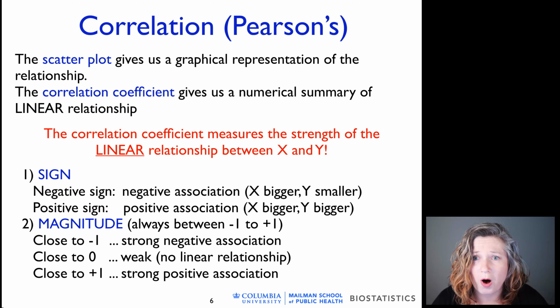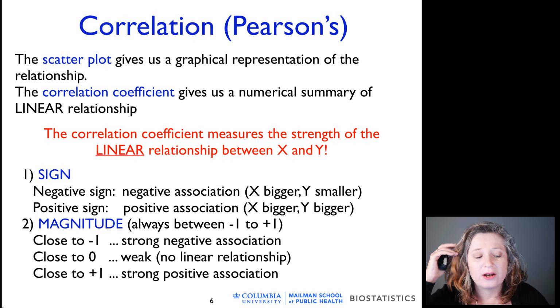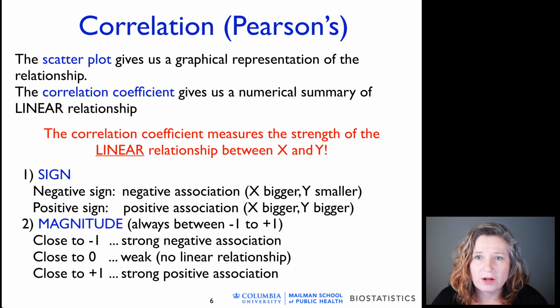And close to +1, we have a strong positive association, and again, knowing x, we can quite well estimate y. The correlation coefficient is never smaller than -1 or larger than +1. It is always between -1 and +1, and it's never interpreted as a percentage.